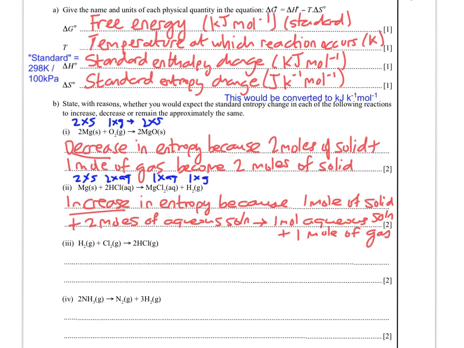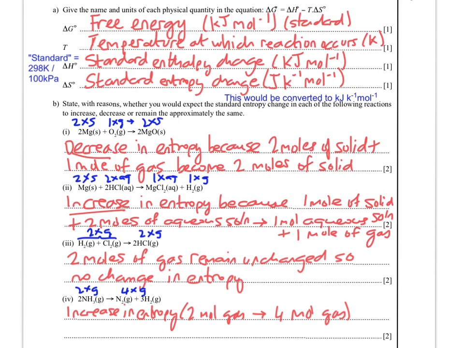That's an increase in entropy. So in the third one, it's no real change in entropy because the 2 moles of gas on each side are unchanged, they're not different from each other. So there's no change in entropy overall. And in the last one, there's a definite increase in entropy because 2 moles of gas on the left become 4 moles of gas on the right, so that's a clear increase in entropy.